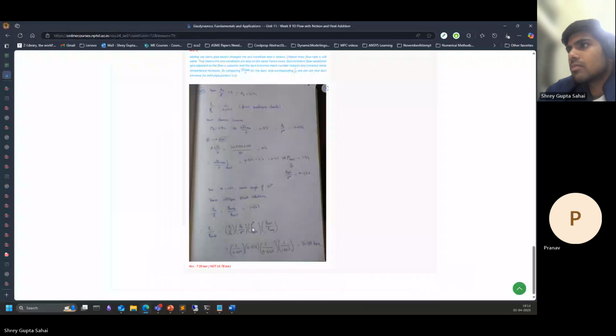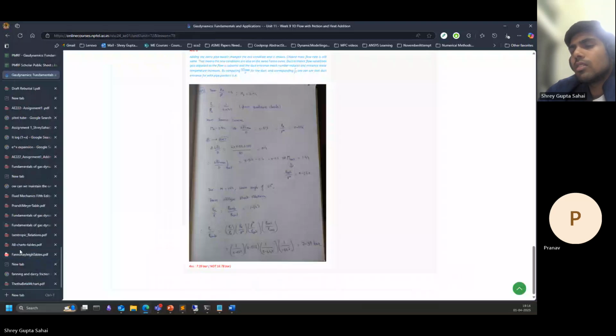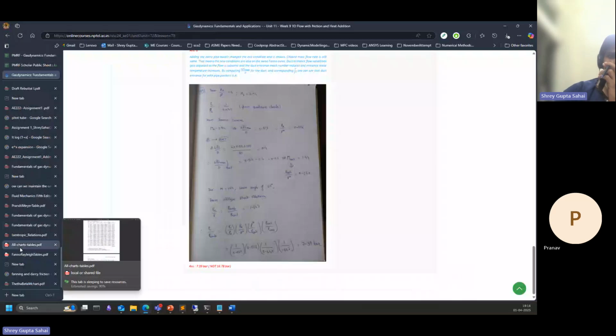From oblique shock tables, you get P2 by P1 as 1.647. We didn't get this number, right? 1.647 we didn't get. We got 1.00, no? Angle of 60. A mistake there.